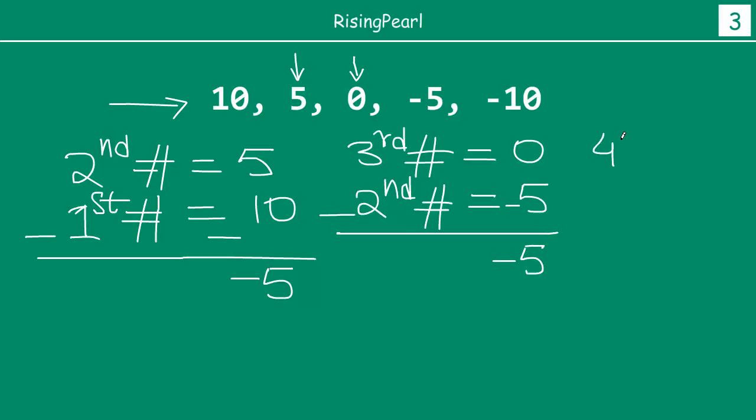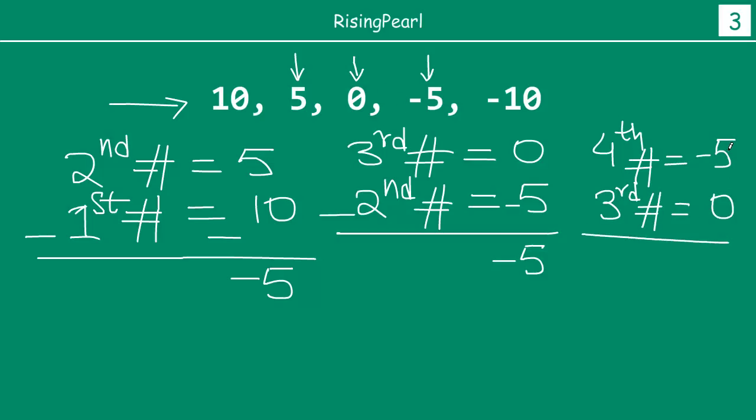Let's take the fourth number. The fourth number is equal to minus 5, and our third number is equal to 0. So if we subtract 0 from minus 5, that is minus 5 minus 0, which is again minus 5.